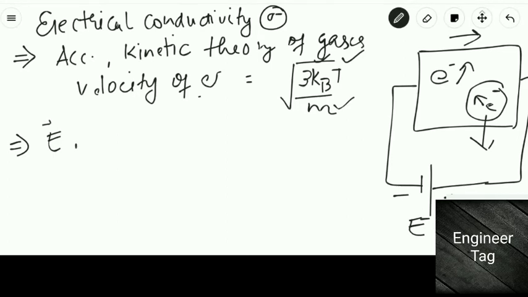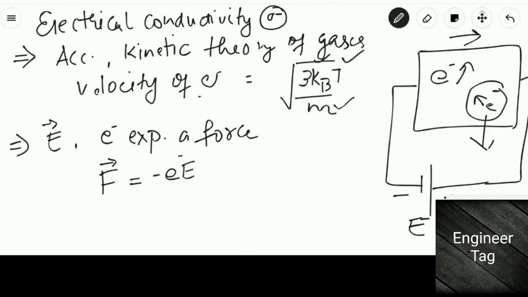With the application of electric field, these electrons will experience a force F, which is equal to minus eE, because we know that F is equal to QE. Here Q is your charge on electron, that is e. A negative sign shows the opposite direction.